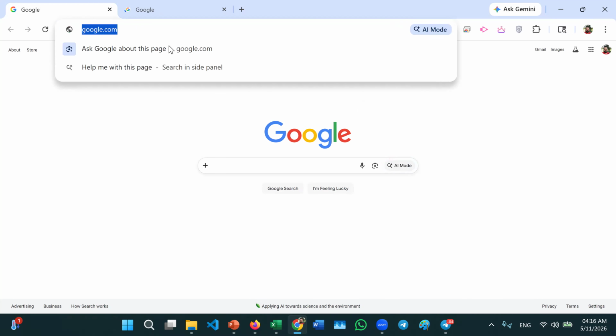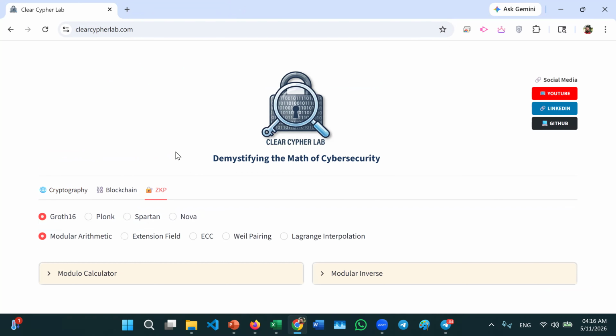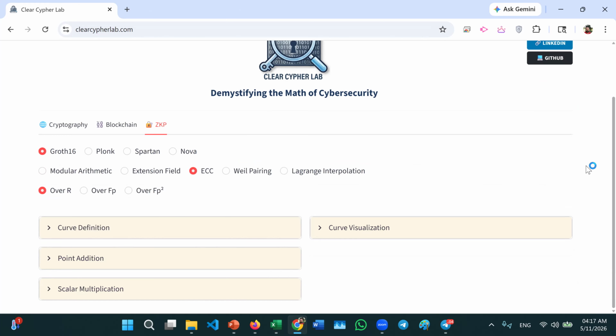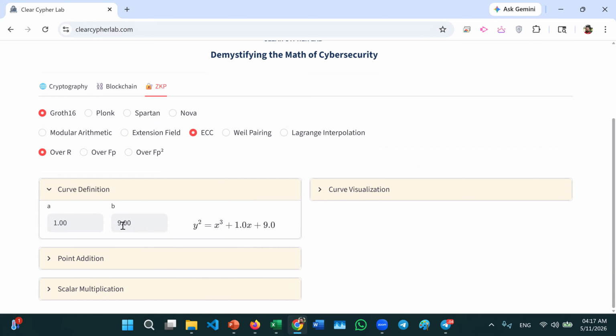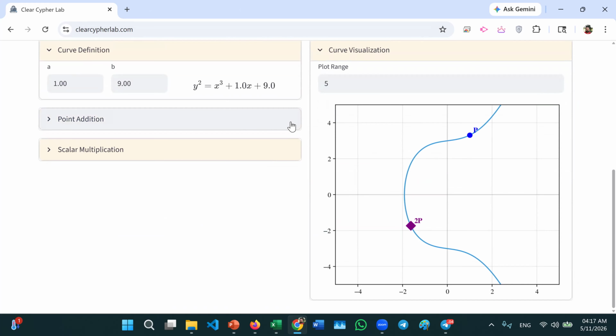In the ZKP part and Groth16, you see ECC, which stands for elliptic curve cryptography. Here you can define your curve by changing the values of A and B. Then you can see the curve here, which is this drawing.